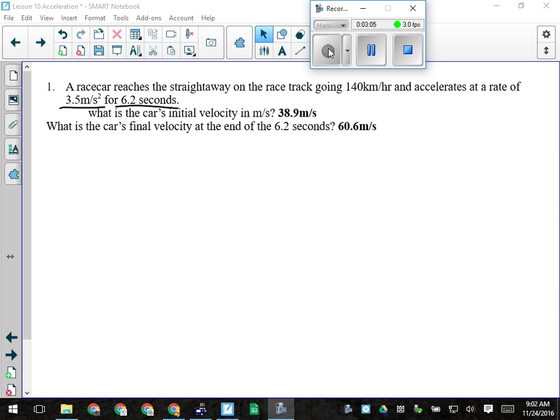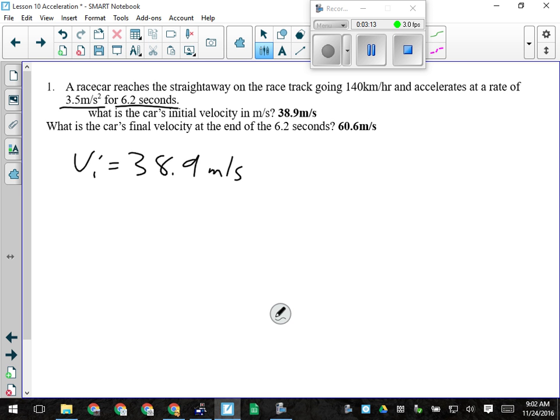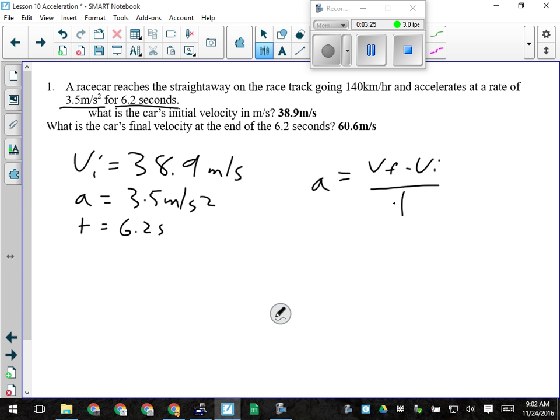Okay, so let's have a look at this one. We were given VI and we calculated it, 38.9 meters per second. We're given A, 3.5 meters per second squared, and we're given the time, 6.2 seconds. Acceleration equals VF minus VI over T, and we're looking for VF, so we multiply both sides by T and then add VI to that, and that will give us VF.